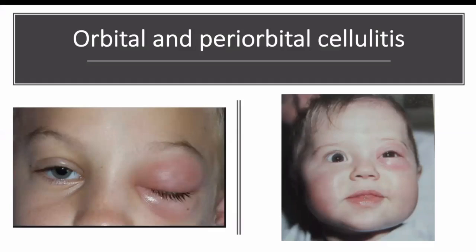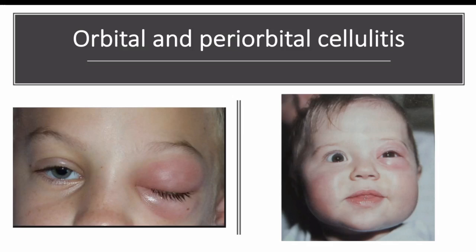So what do you see in those pictures? Swelling and redness. Okay, of? The eyelid? In the left picture, he can't open his eyes. Yes, okay.